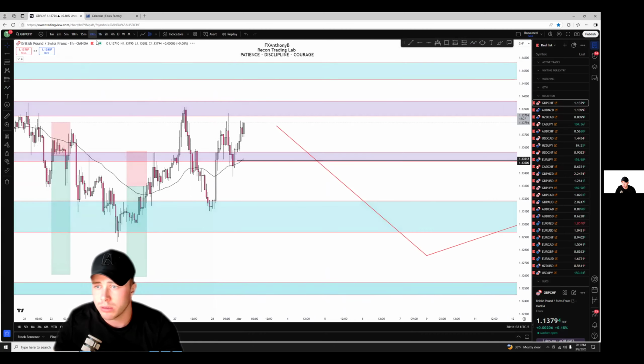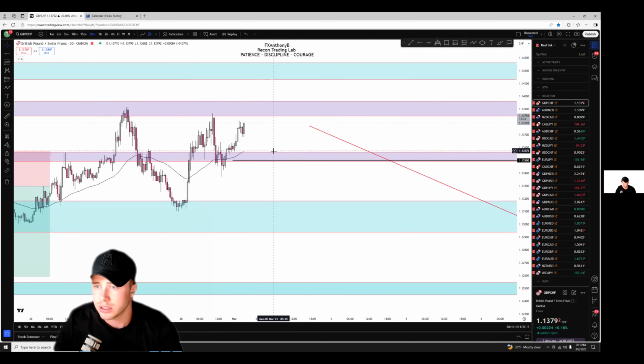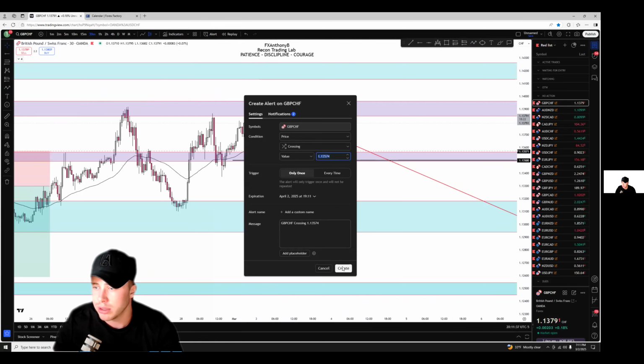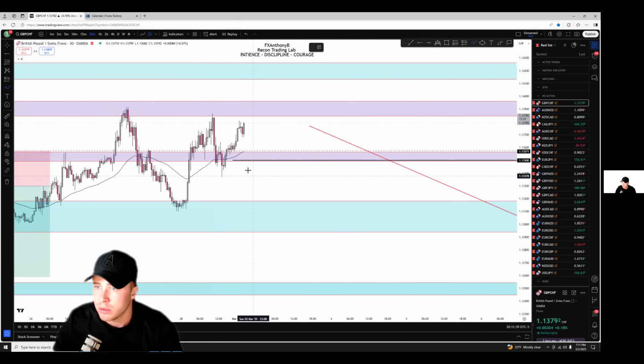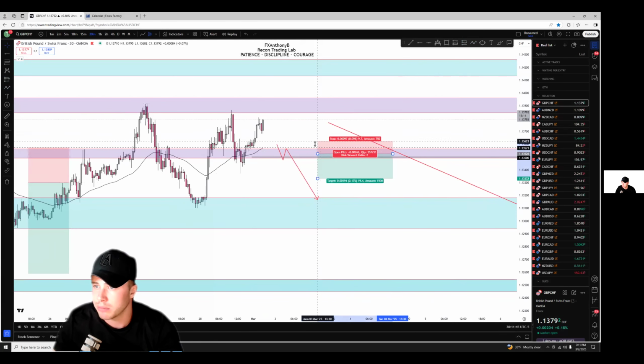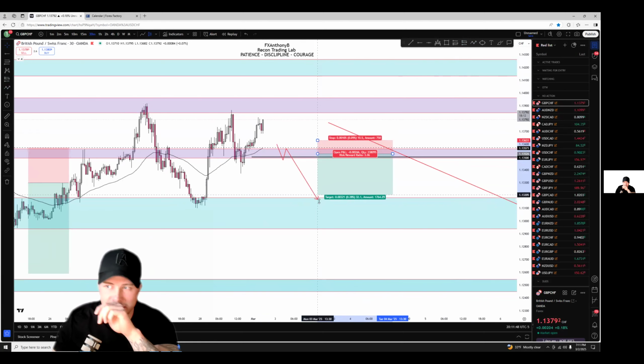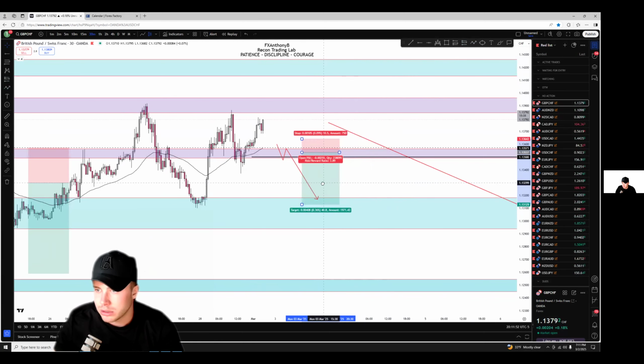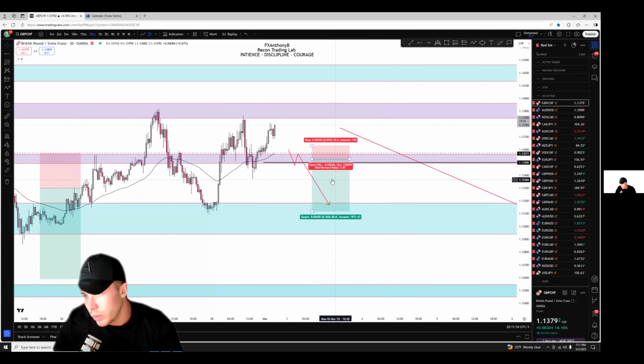Or ultimately, we are waiting for our price action to come below this zone here, break, retest, to then sell. And then we're playing the short game at something like this. So just kind of waiting and watching.